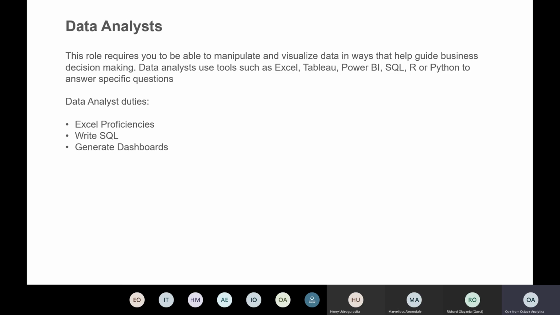So as a data analyst, you must be proficient in using Excel, right? You must also be proficient in knowing how to write your crude SQL statements. So SQL statements to create tables, to manipulate data. And then you should be also responsible for generating simple dashboards that can explain or visualize the data that you are seeing at the back end, or the data that you have collated together.